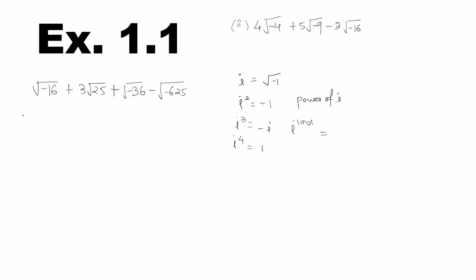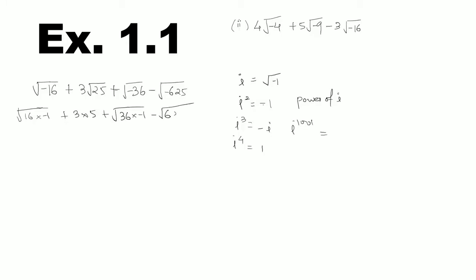Square root of minus 16 can be represented as 16 into minus 1 plus 3 root 25. It can be root of 25, we can write 5, plus root of minus 36. So we can write 36 into minus 1 and again minus of root of minus 625.